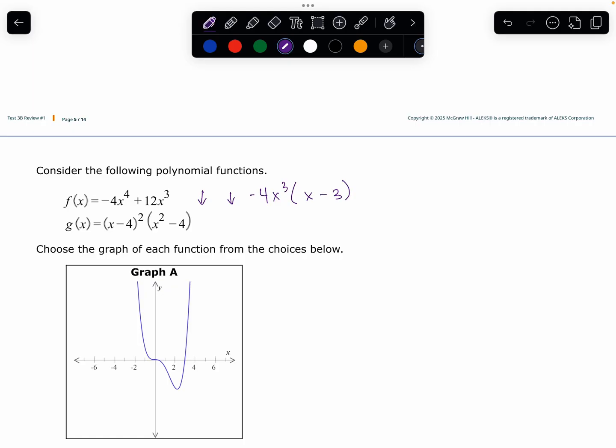Now here, if I have x by itself, that means the x-intercept has to be 0, and it's a multiplicity of 3, so keep that in mind. That means it should cross and not touch. And then x minus 3 would mean that we should have an x-intercept at x equals positive 3.